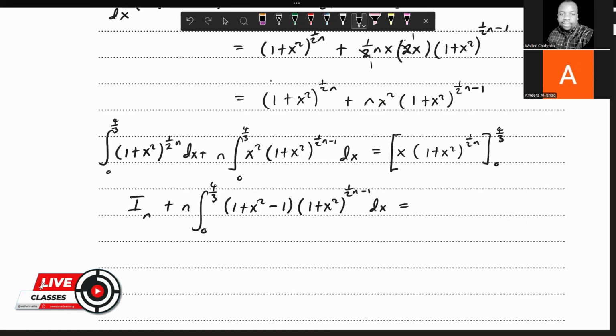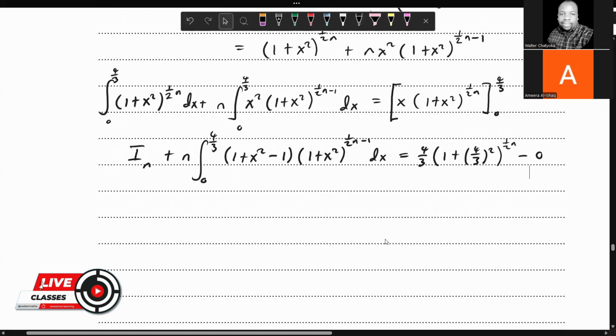We make sure that it has a 1 plus x squared on it, for simplification. And on the right side, we're substituting 4 over 3. So we have 4 over 3 of 1 plus 4 over 3 squared to the power of half n, and that's minus 0. All right. So we have I sub n plus n of.